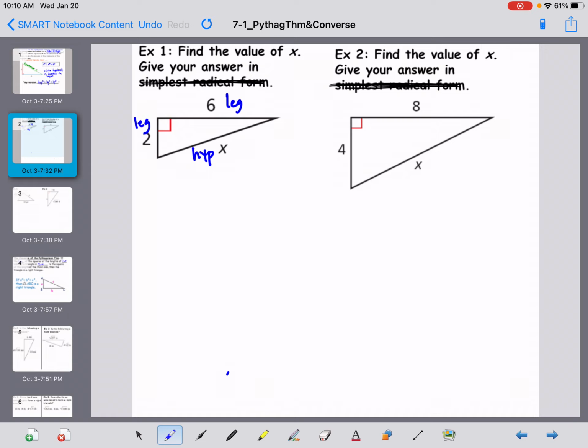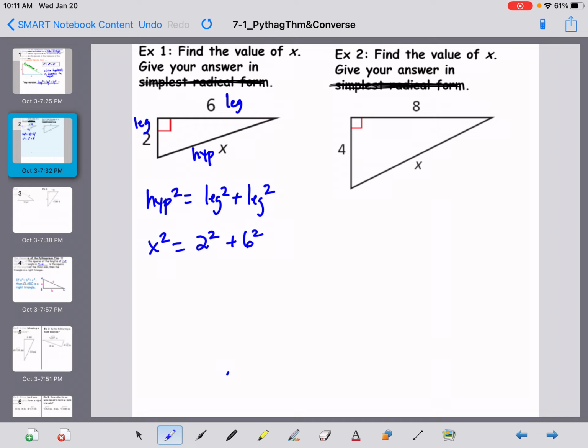It doesn't matter which one really is A or which one is B. They're both legs of the triangle, so we're just going to label them as legs. So I've got hypotenuse squared equals leg squared plus leg squared. X squared equals 2 squared plus 6 squared.